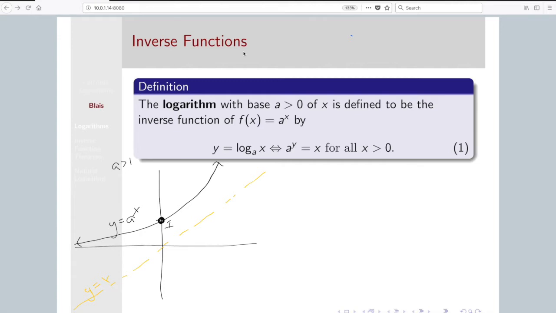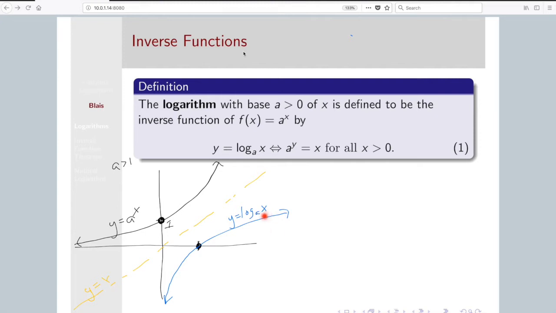So we see that the exponential has a y-intercept of 1, which means the log of base a will have an x-intercept of 1. And again, reflect it about the line y equals x.